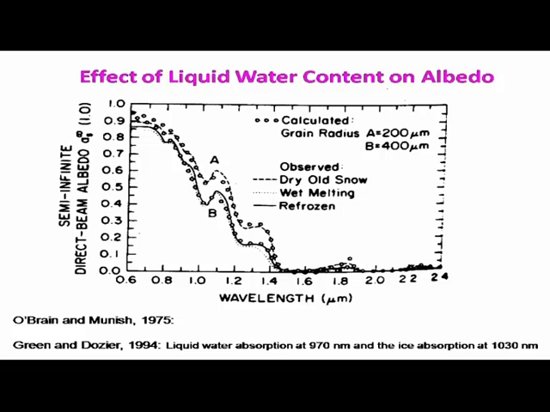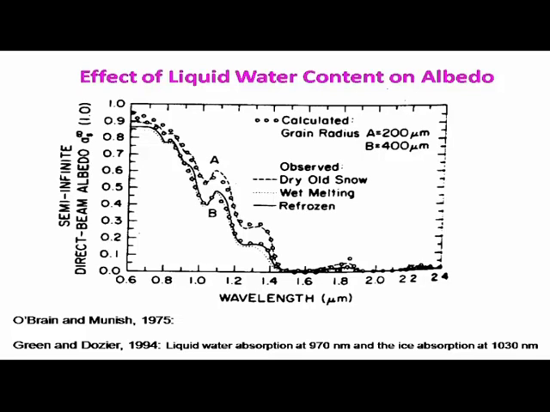If there would be any effect of the wetness, then ideally the reflectance of the snow after refreezing, because it became dry again, should go up as in the previous case, as it was here, but it remained there.